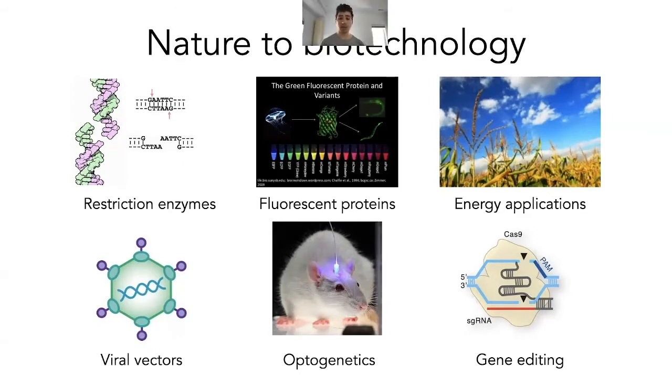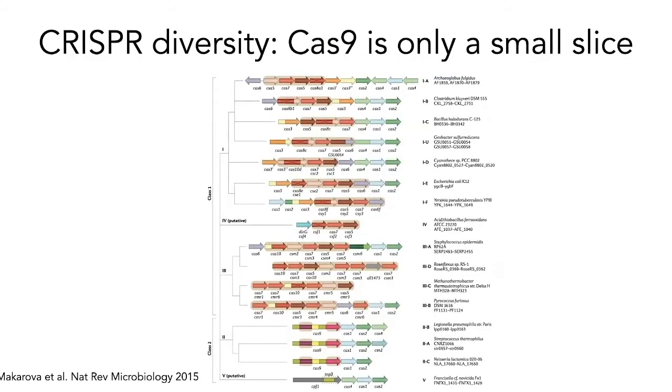One thing we would like to highlight is that as we dive into the diversity of genome engineering and DNA and RNA targeting tools, it's important to remember CRISPR, the bacterial adaptive immune system that allows us to do many of these interesting applications.